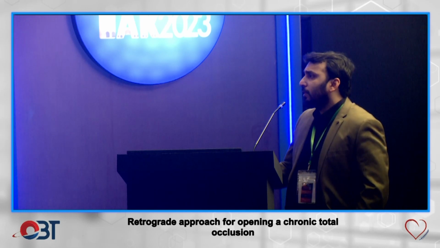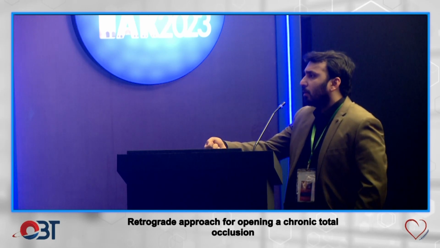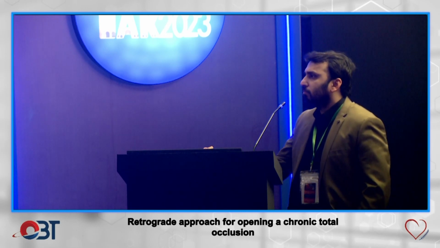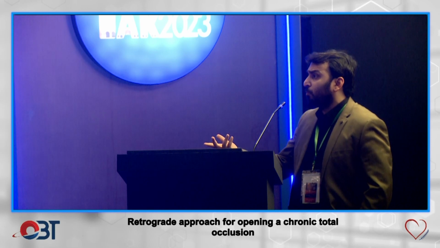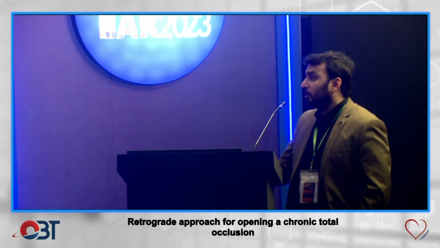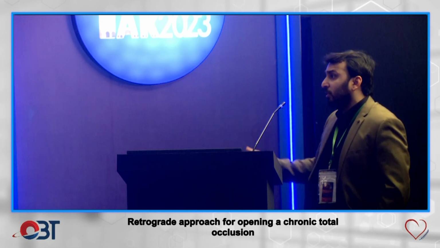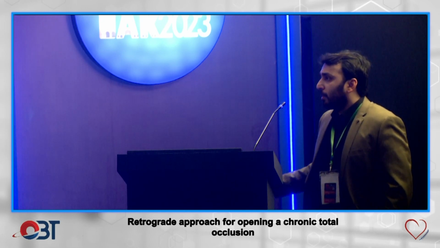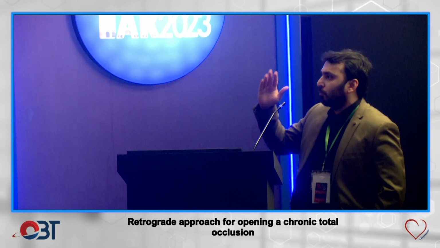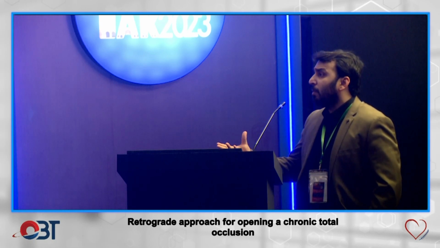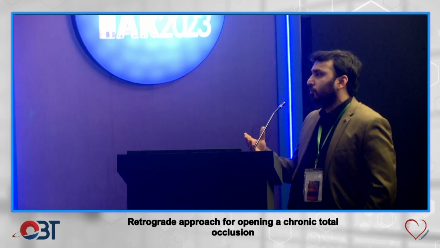Yeah. The other ways are obviously we can snare the wire, or increase the support, change the microcatheter, or change the septal, maybe a shorter septal course, which can allow the microcatheter to track up to the antegrade guide. But changing a microcatheter will cost you a lot.